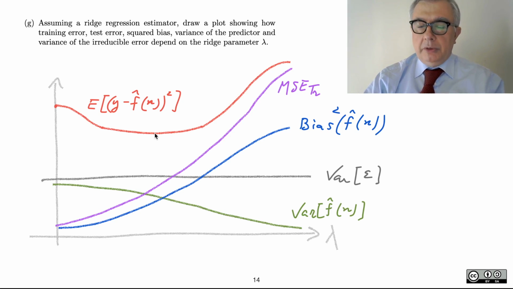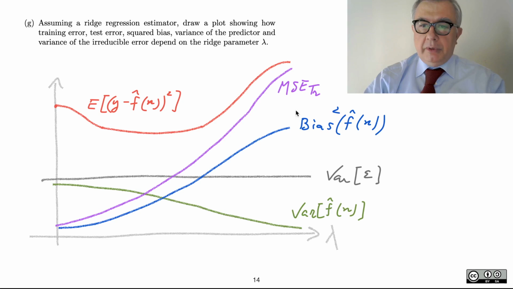Of course, it may not be easy to find it, because here I'm plotting the theoretical value of this function, but in practice you do not know this, and you have to estimate it by some of the methods that we have been studying during the course.